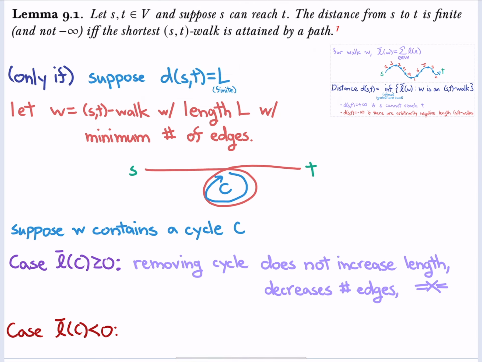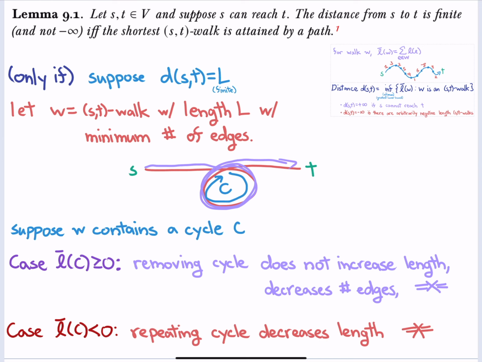We can make a better one: if I repeat the cycle, so I go around once and then around twice, the total length has gone down. So if the cycle length is less than 0, I could repeat the cycle and the distance goes down, but W was supposed to be the minimum distance. That's an issue.